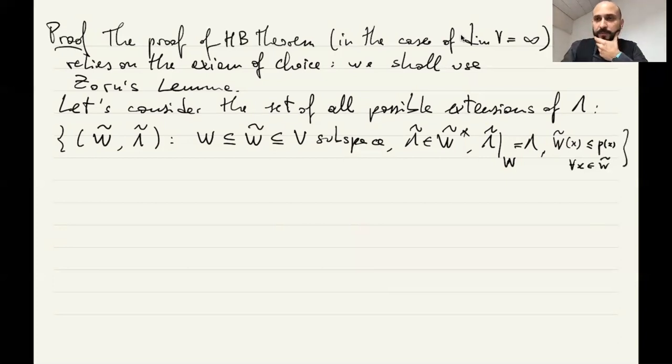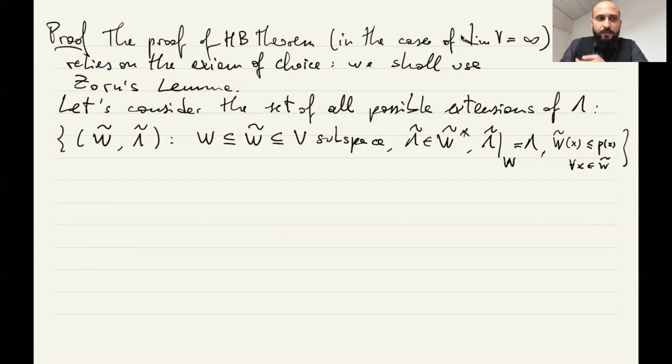Now on this set, we have a partial order. If one extension extends another, we say that the second one is greater. And of course, if you have a chain of extensions, then the union of the subspaces defines an extension.